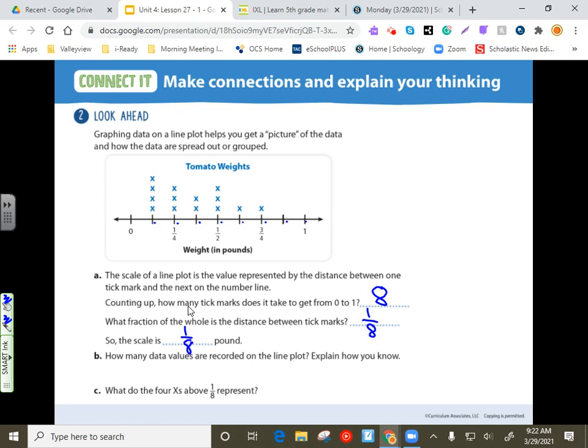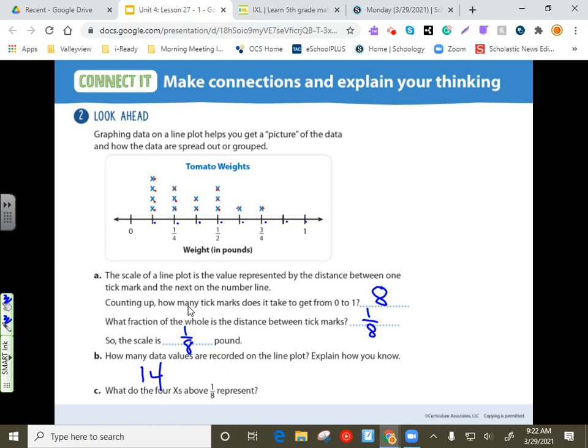How many data values are recorded on the line plot? For that one, you just count up all your X's. I'm going to use a different color for that. 1, 2, 3, 4, 5, 6, 7, 8, 9, 10, 11, 12, 13, 14. So we have 14 data values. And what do the 4 X's above 1/8 represent?